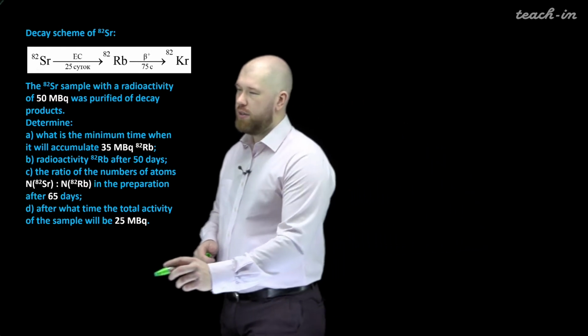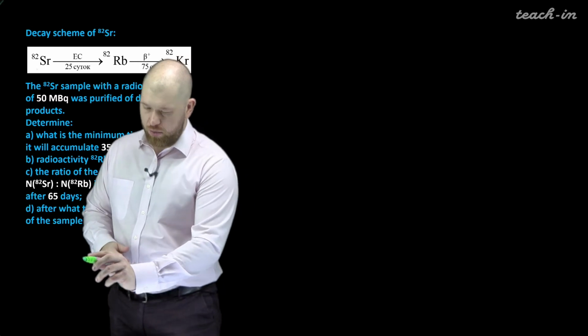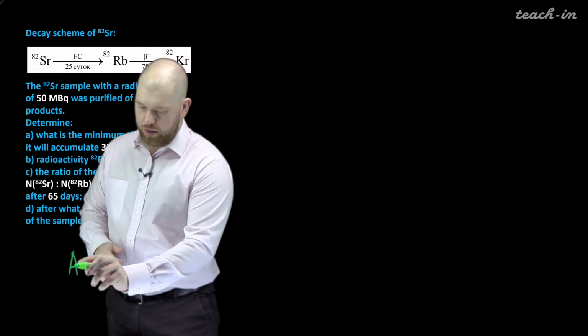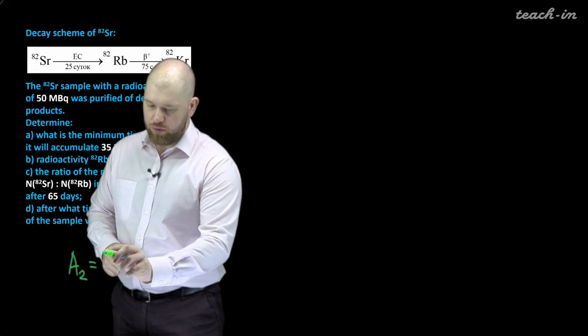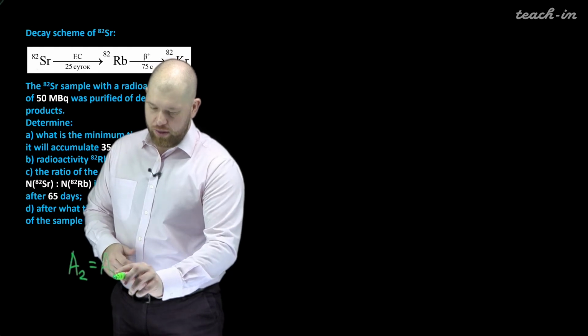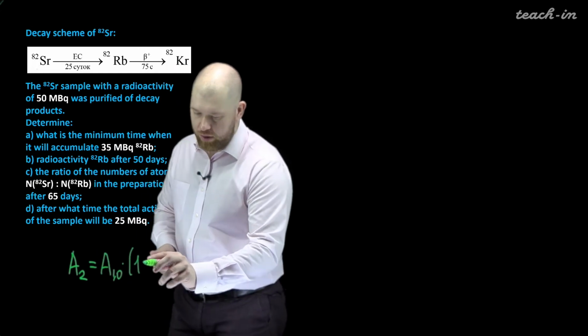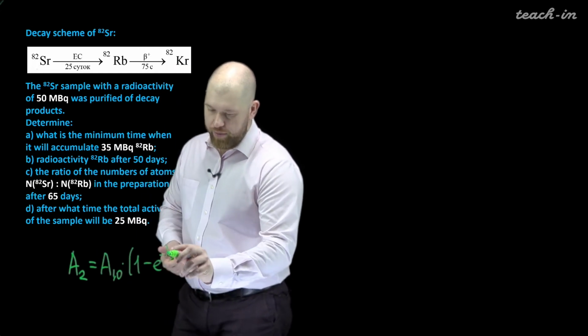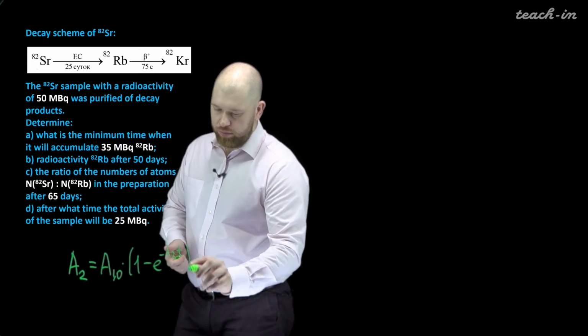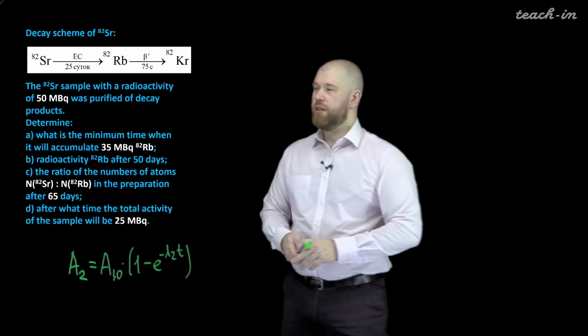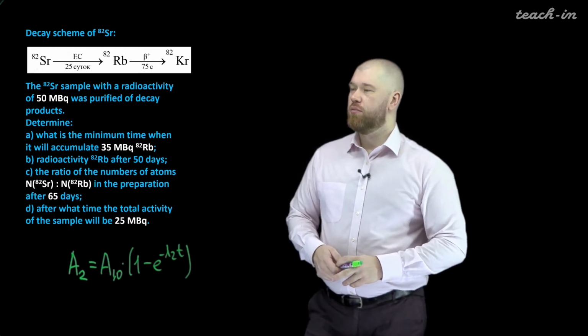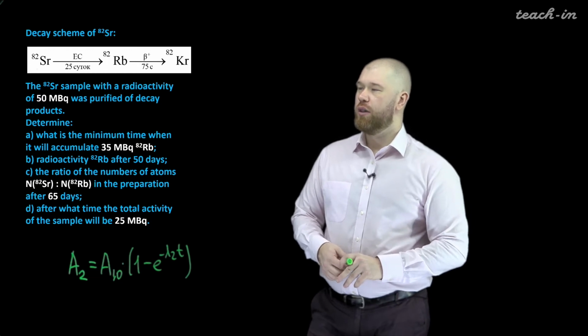In this case, this equation will be that the activity of the daughter radionuclide is the initial activity of the parental or mother radionuclide multiplied by one minus the exponent of the decay of the daughter radionuclide.